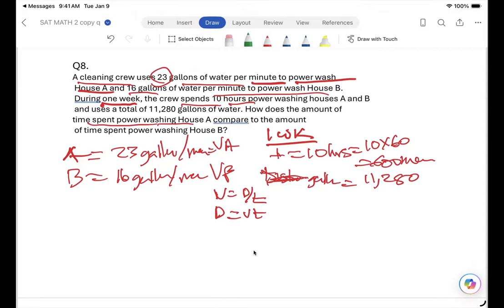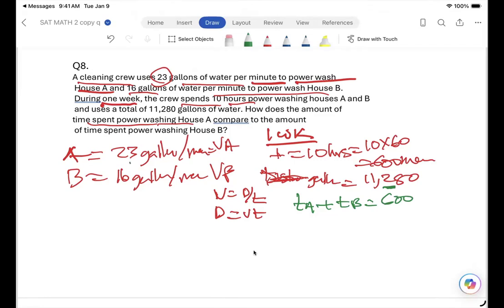Based on that, we know the total time is 600 minutes, therefore we can say that TA, the time for washing A, plus TB, washing B, should take 600 minutes. And how much they're going to use is based on their time times the velocity.